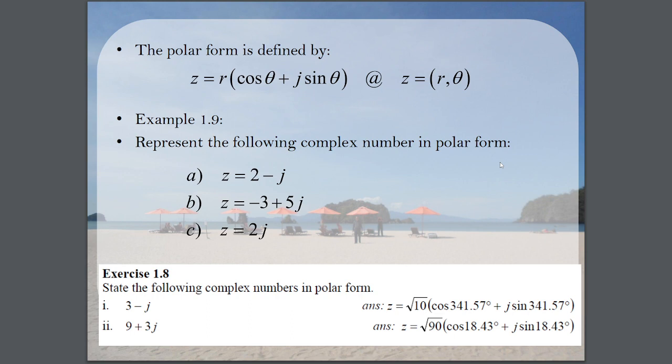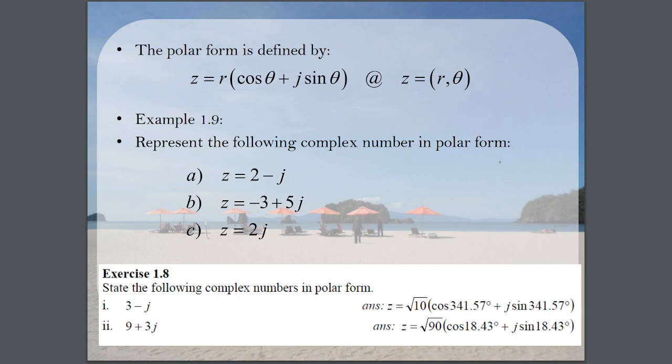So the polar form is defined by this. You see the expression z equal to r cos theta plus j sin theta. Can you see that? Can you see the current slide? I share my screen. Yes.